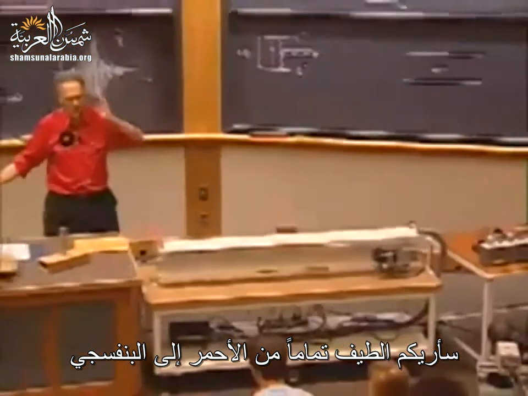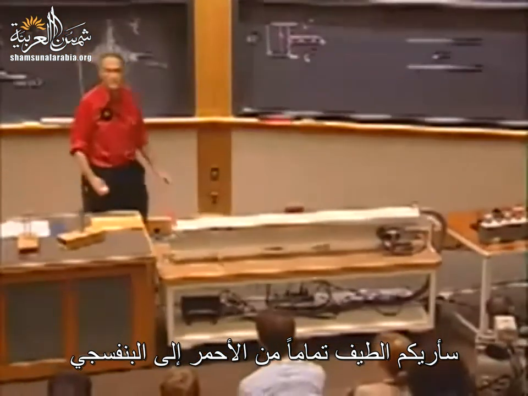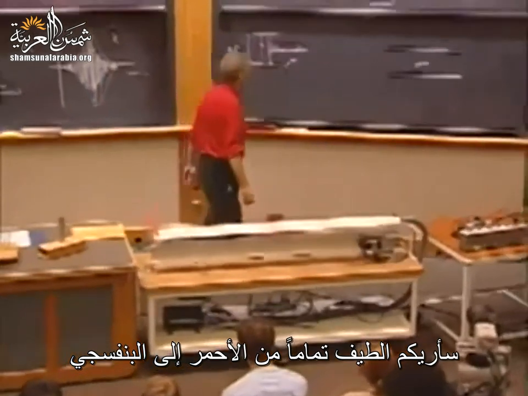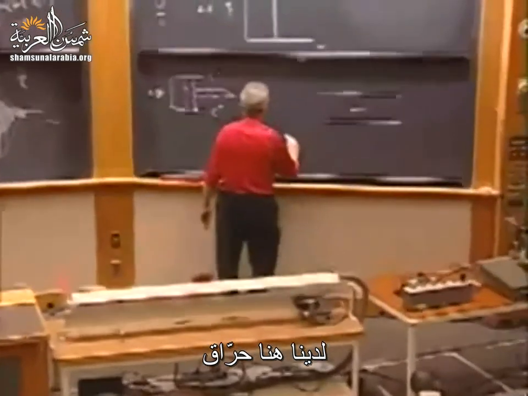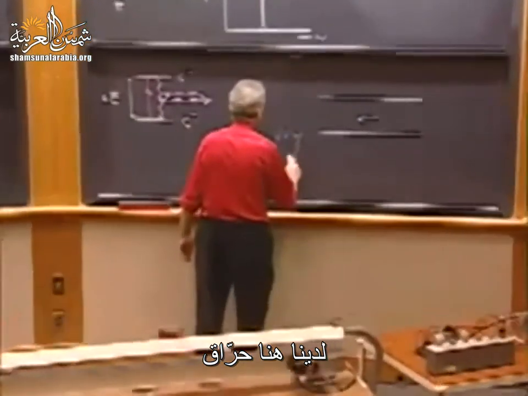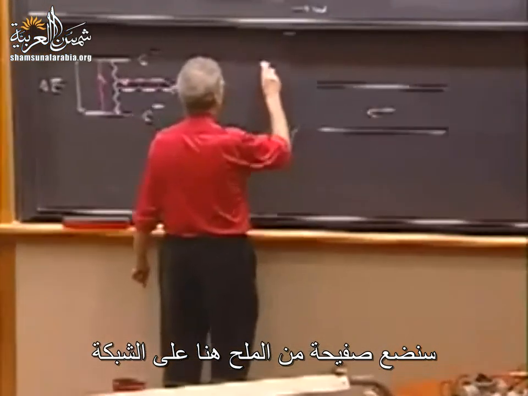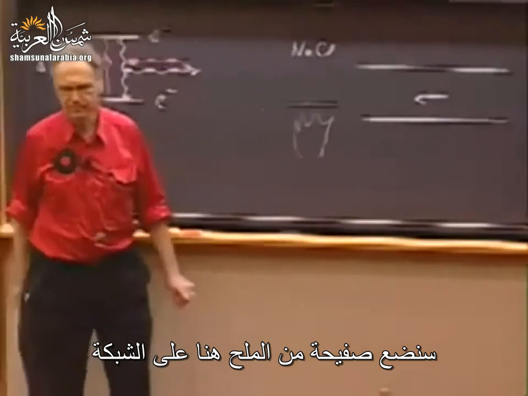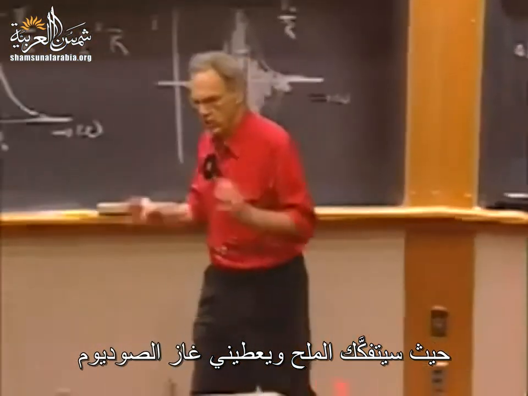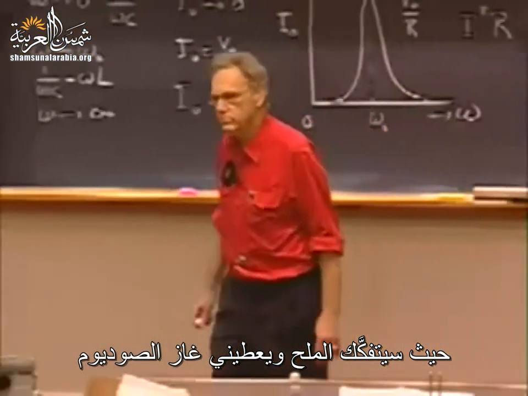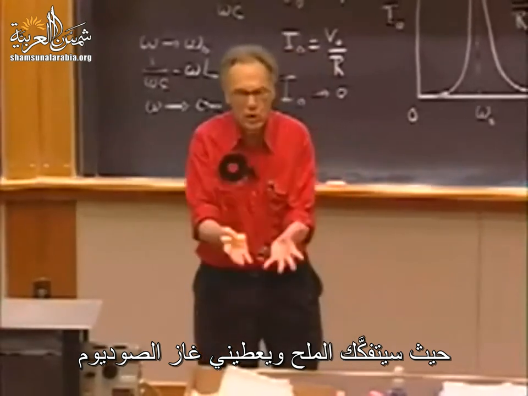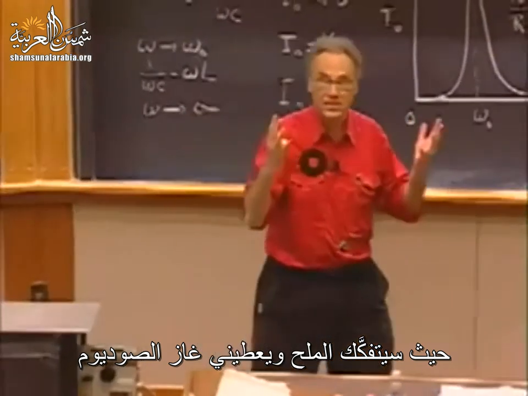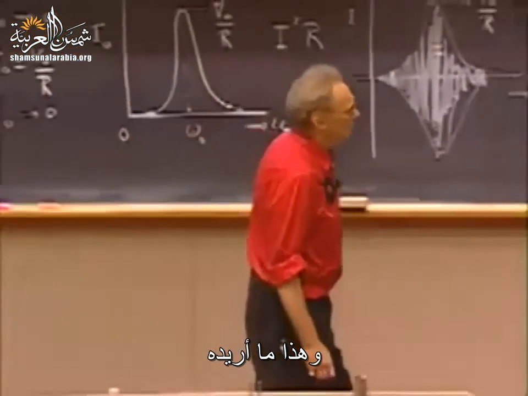I will show you that spectrum all the way from the red to the violet. And then we have here a burner, and we're going to put table salt here on a grid, which dissociates the table salt, gives me sodium gas. That's what I want.